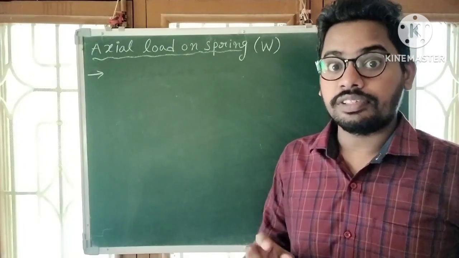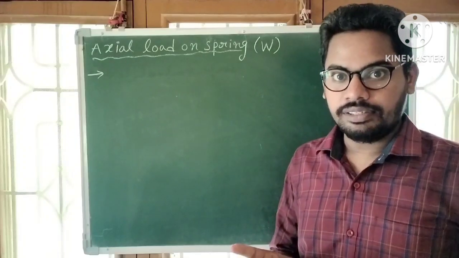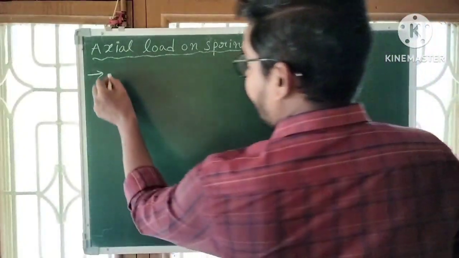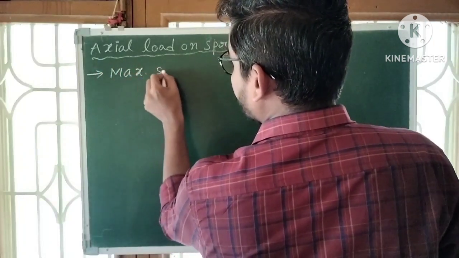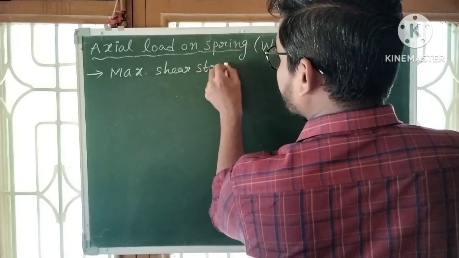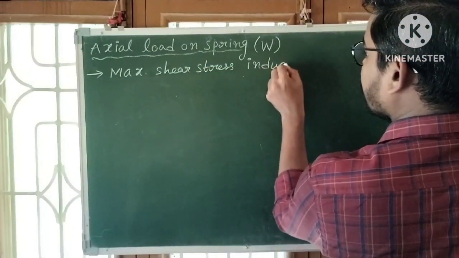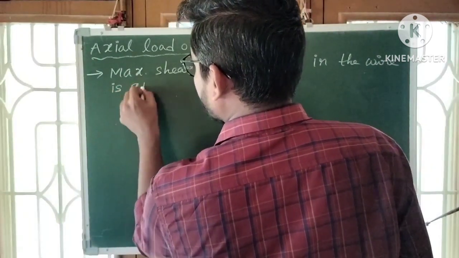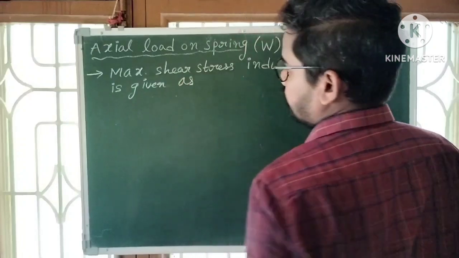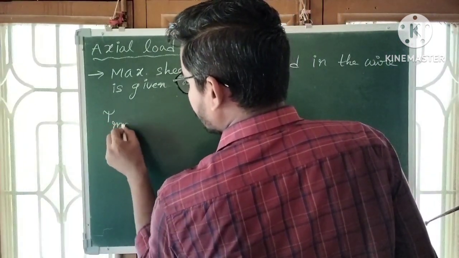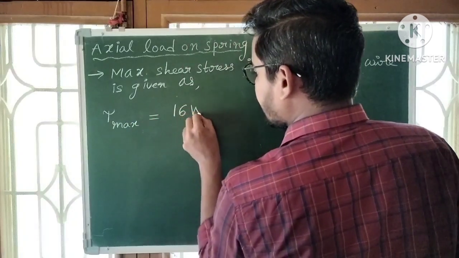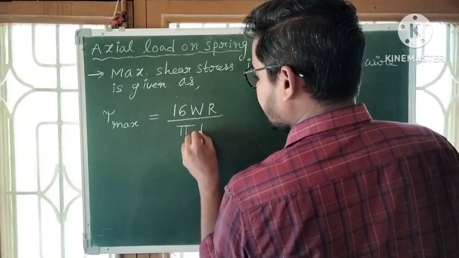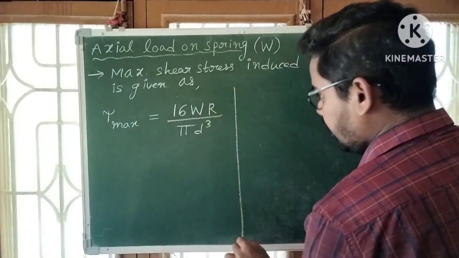We know that in case of design of closed coiled helical spring, when it is subjected to axial load, maximum shear stress induced in the wire is given as tau max is equal to 16 WR by pi d cube.